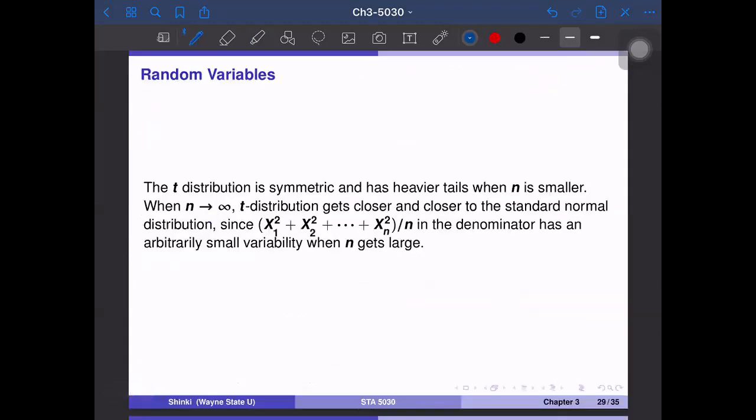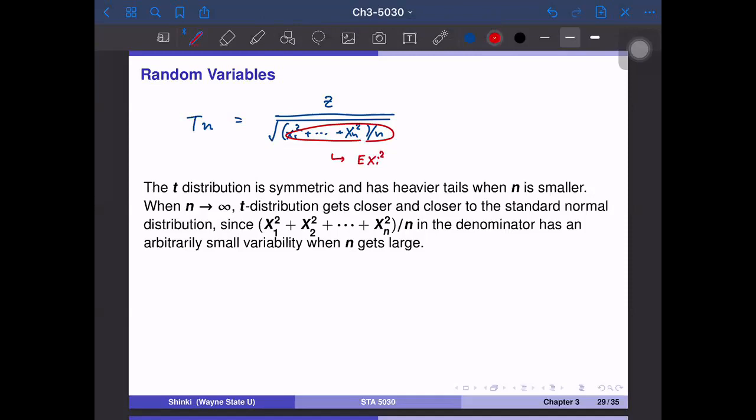And here, if n goes to infinity, Tn goes to normal 0, 1, because we have z over the square root of x1 square up to xn square divided by n. You can see that if n goes to infinity, by the law of large numbers, this approaches the expectation of xi square.